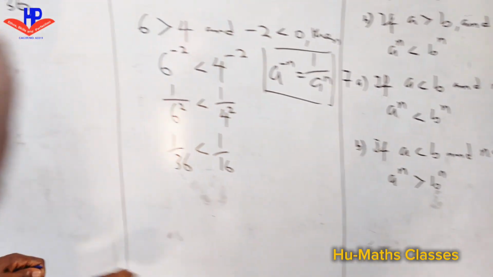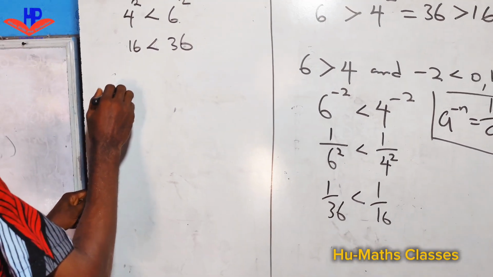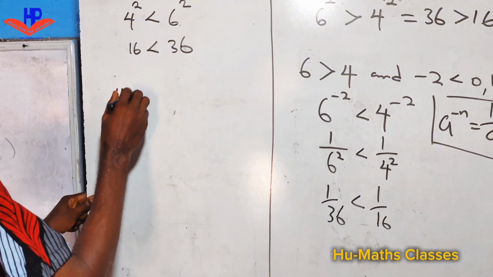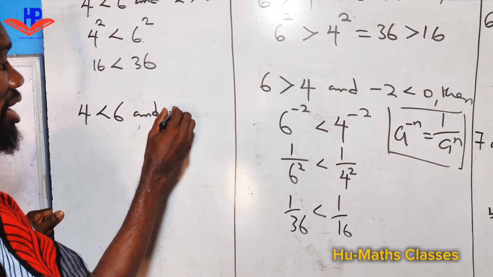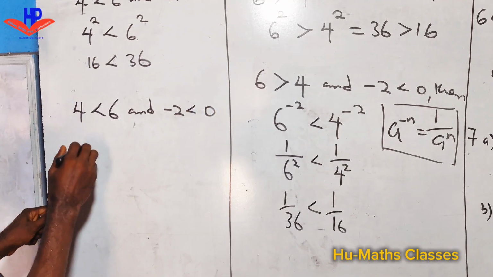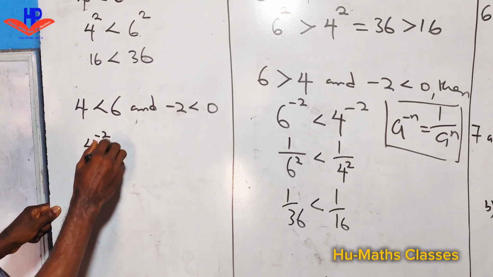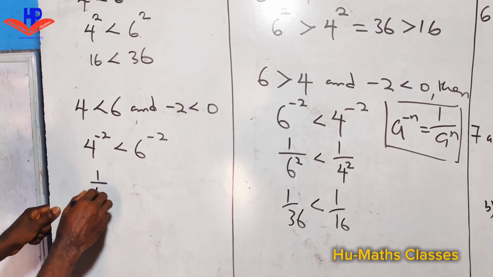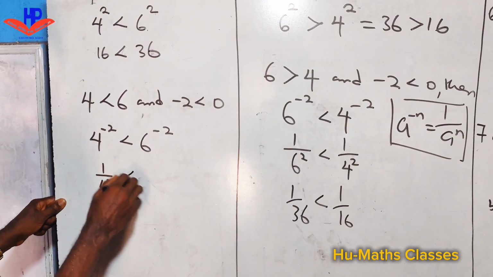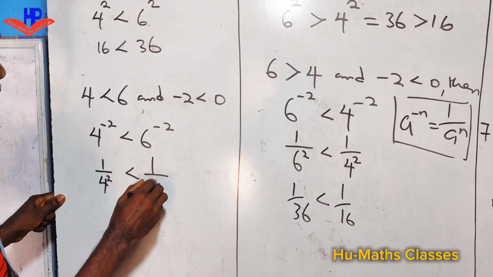Let's use the same numbers, 4 less than 6 and N less than 0, let's use minus 2 less than 0. Then 4 raised to power minus 2 compared with 6 raised to power minus 2 will give us 1 over 4 to power 2 and 1 over 6 to power 2, by indices standard.